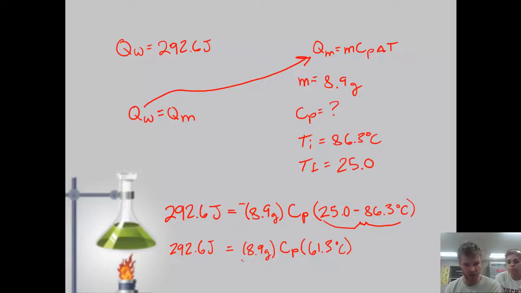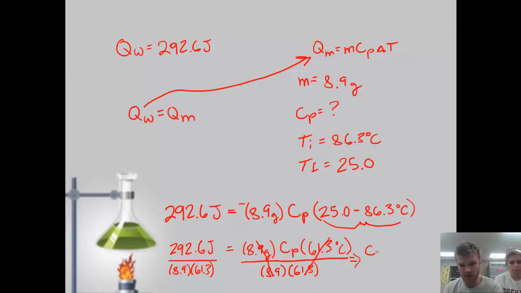Now what we have is this number and this number here. In order to get CP by itself, I'm going to divide to the other side, because the opposite of multiplying is dividing. So I'll put 8.9 on the bottom, and 61.3 on the bottom, and whatever I do on one side, I've got to do on the other. And this is going to cancel, and this is going to cancel.